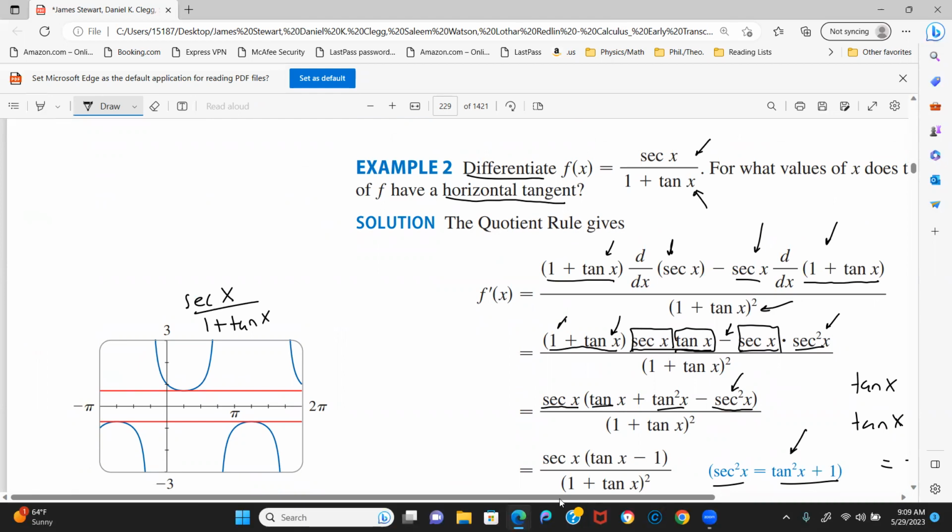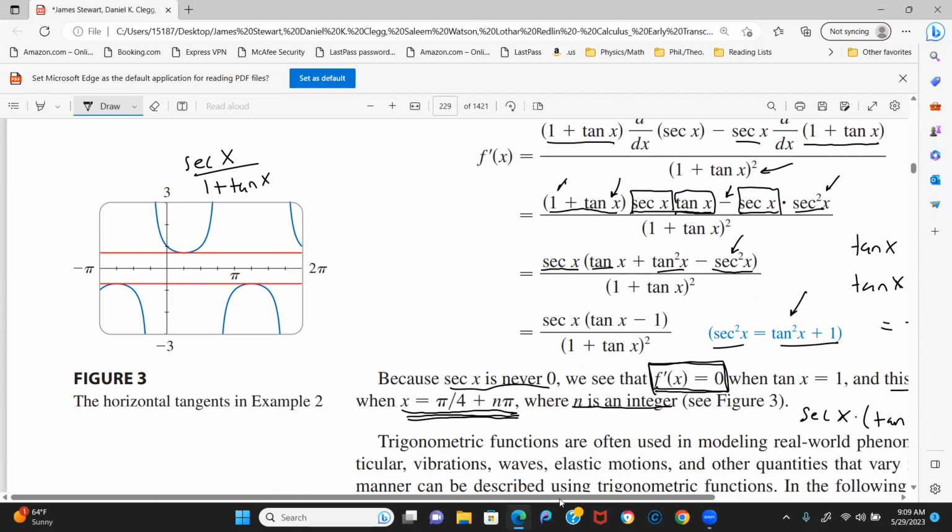They didn't really label the graph, but I'm guessing that this right here is probably pi over 4, and this would be maybe 5 pi over 4. So you have x, you have this parameter n.